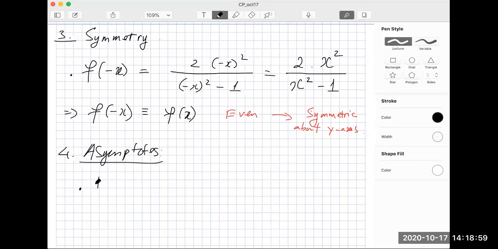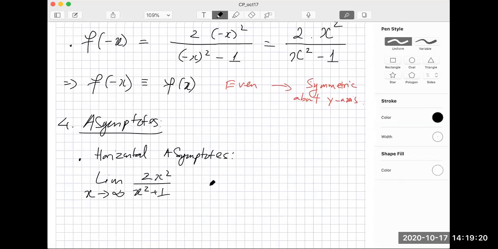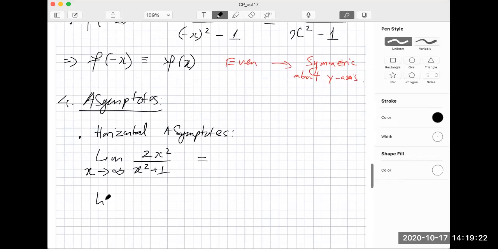Which requires us to compute the limit of the function when x approaches infinity and the limit of the function when x approaches negative infinity. These are two things we need to do. So the first one, what is it?